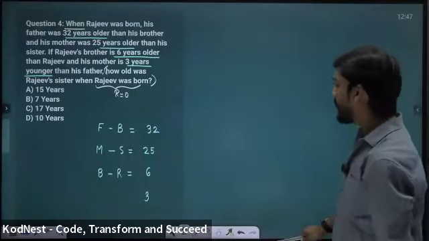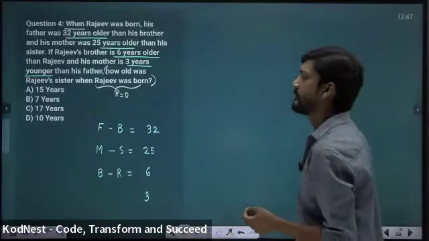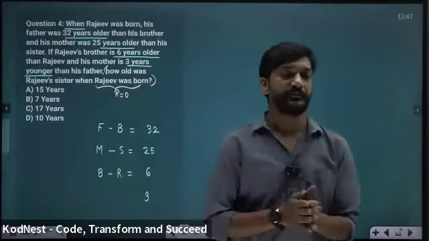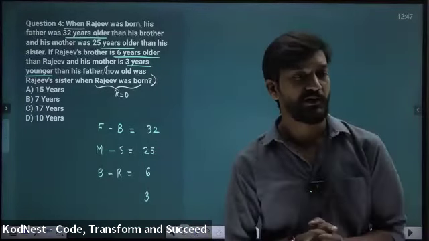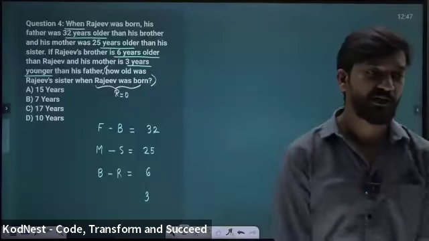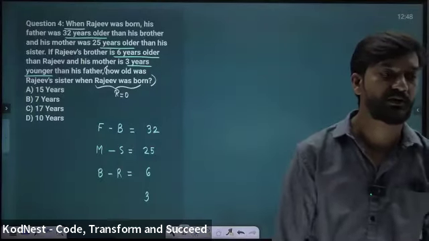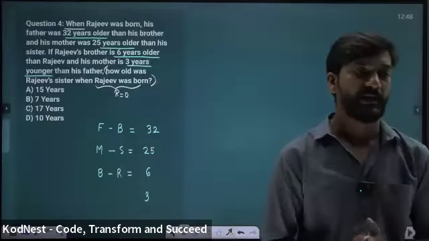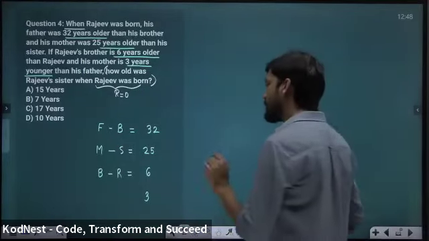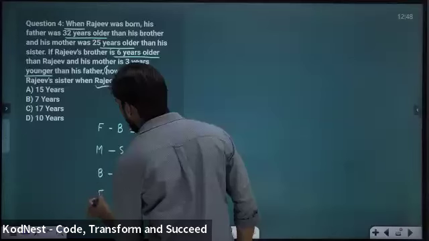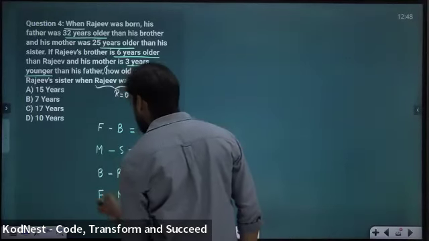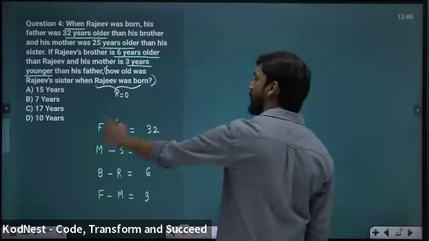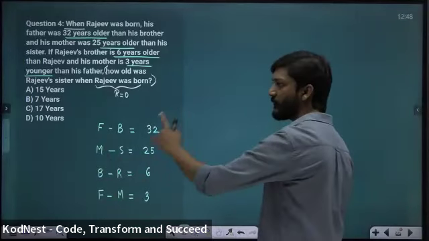Fourth difference is 3. But between which two persons? Who are the two persons? And who is older? Which two persons have age difference of 3? Father, mother. Who is elder out of the two? Father. Okay, so father minus mother. So this is the age difference of father and mother. Father is older, so father minus mother. So these are the 4 differences which are given.